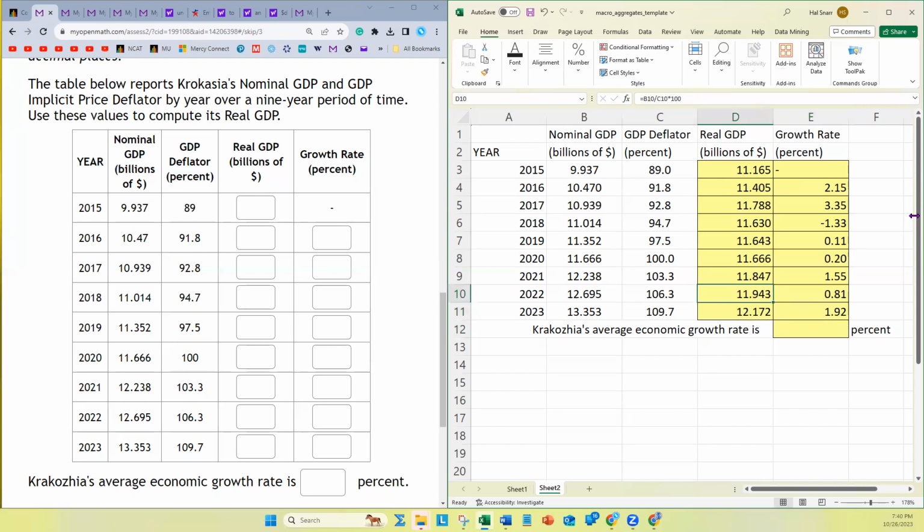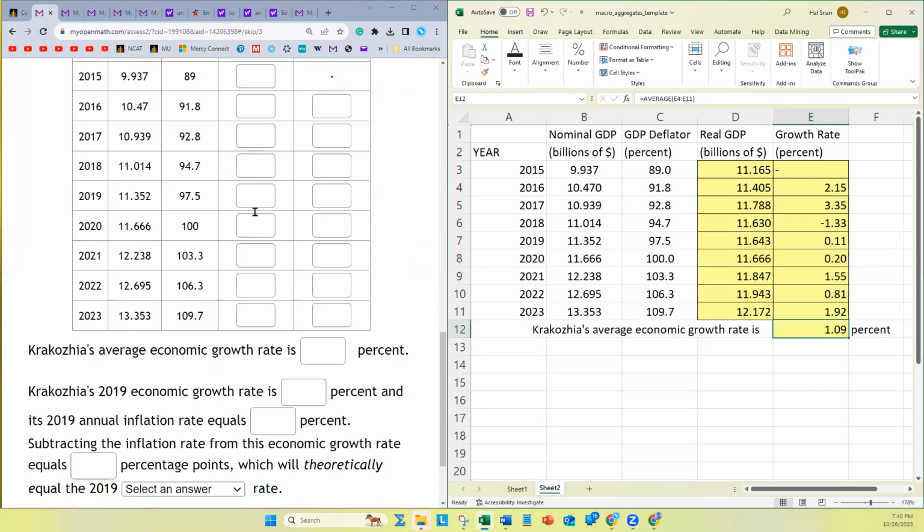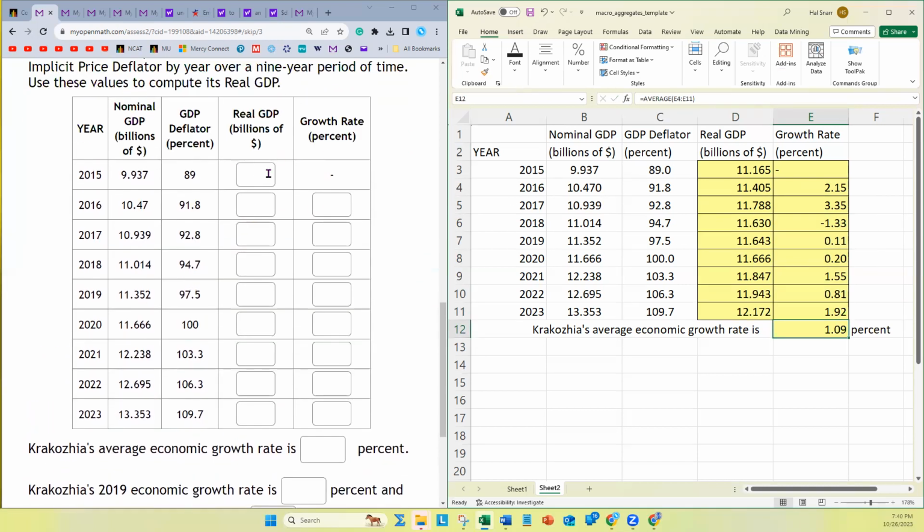So going from 11.943 to 12.172, that's a 1.92% increase. And the average economic growth rate over that time period is 1.09%, right? So let's go ahead and enter those numbers in.